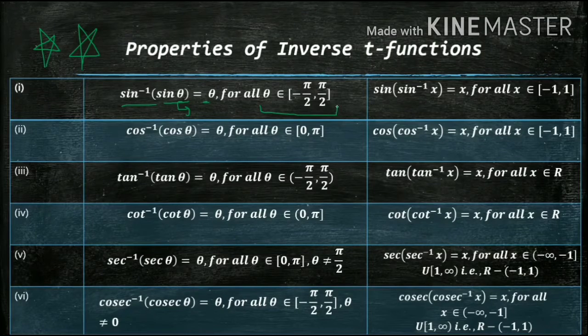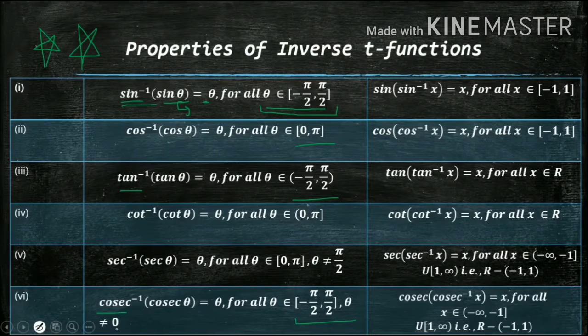These theta are basically nothing but the range or the principal values for the inverse trigonometric functions. You remember, for the arc sine function, we have this. For arc cos, we have closed 0 to pi. For arc tan, we have open minus pi by 2 to pi by 2. And for arc cosec, we have minus pi by 2 to pi by 2, not 0.